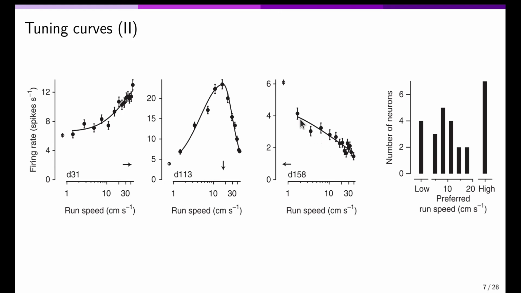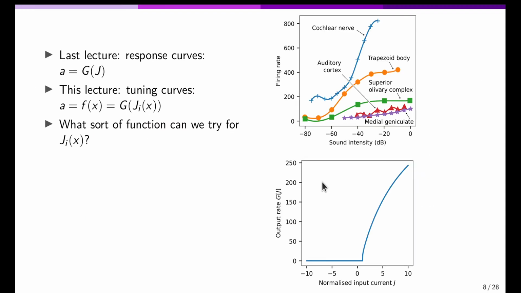So this neuron prefers a low speed because it fires most when we have a low speed. This neuron prefers a high speed, fires most when we're going at a high speed. And then these neurons have some particular preferred speed in the middle. That's pretty typical to find. So this is what we're trying to quantify.